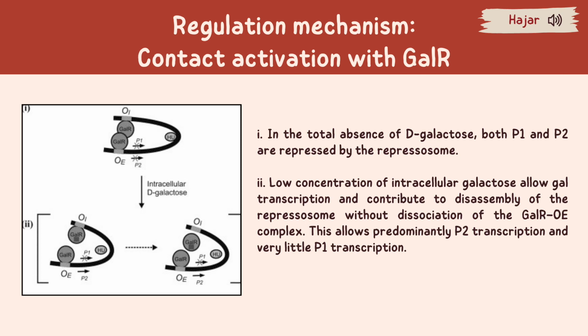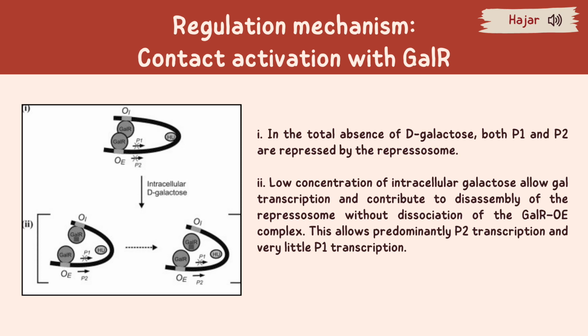A low concentration of intracellular galactose allows gal transcription at a low rate. This condition will contribute to disassembly of the repressosome with dissociation of GAL-R from operator OI without dissociation of the GAL-R-OE complex. This only allows P2 transcription and very little P1 transcription, because P2 drives low-level expression in the presence of other sugars.